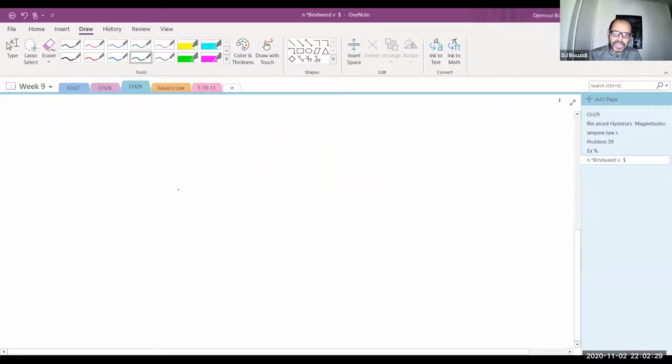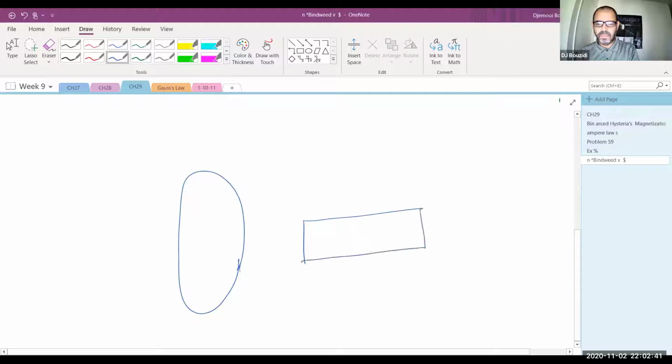So think about it. Now I have the same wire. I need to draw it in the same colors to get a better sense. So we have the same wire, a closed wire, and the same magnet with the same north facing and south facing, and the same field lines as before, coming out.